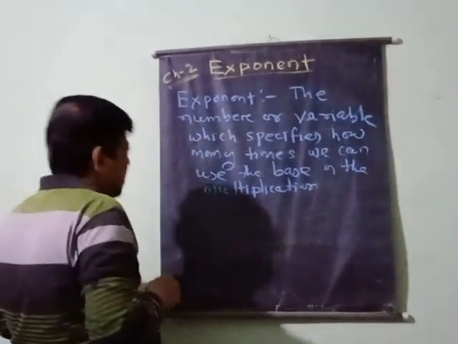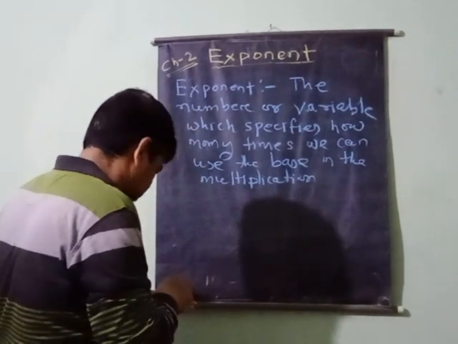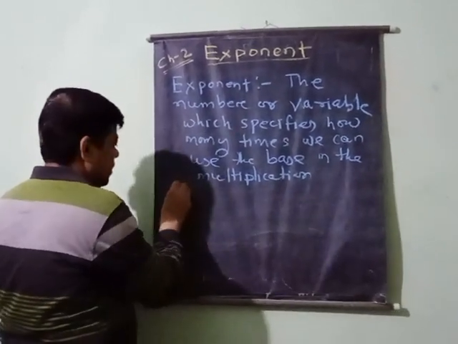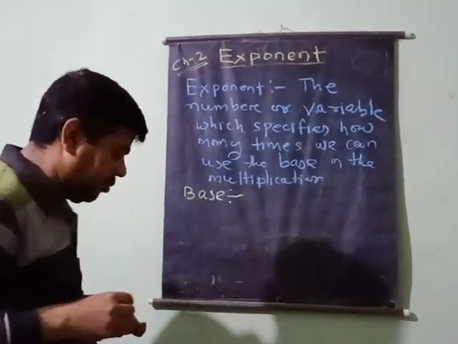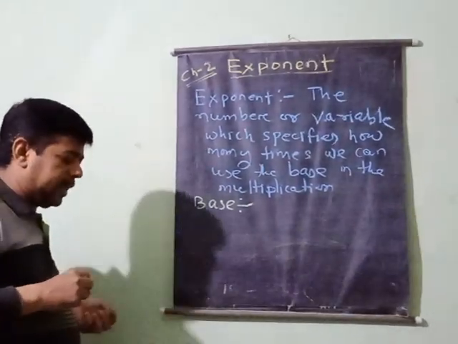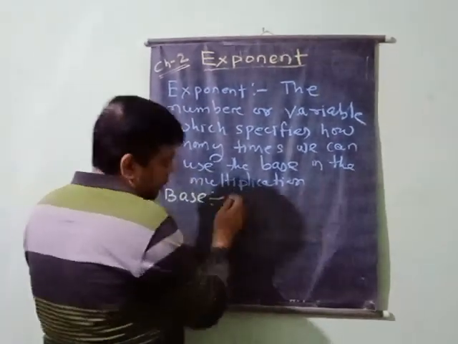Is it clear? Similarly, what is base? You can write base. What is base? The number or the variable that is being multiplied repeatedly in the expanded form. Understand?